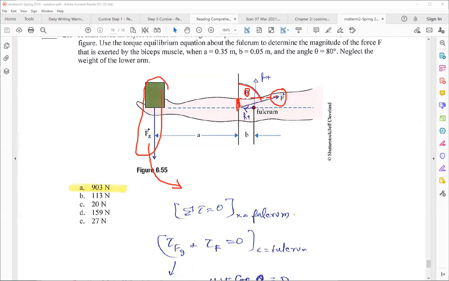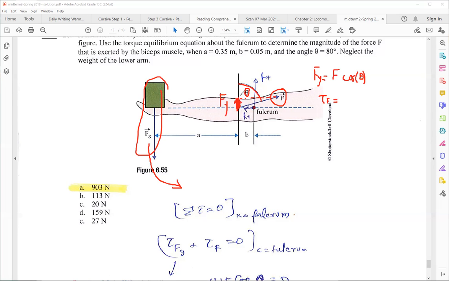The y component of force, Fy, see how we calculate it. Fy will be equal to the force times cosine theta.